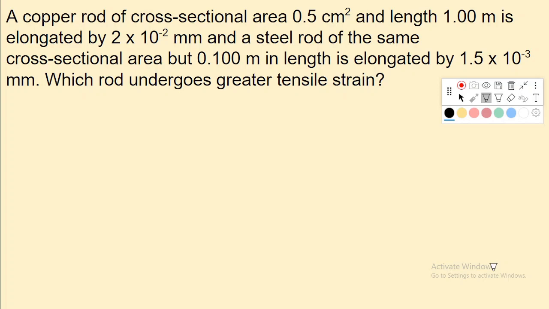Here we have the two wires. One is made of copper and another is the steel rod. Both have the same cross-sectional area, but their elongation is different. So we are asked to find which rod undergoes the greater tensile strain.